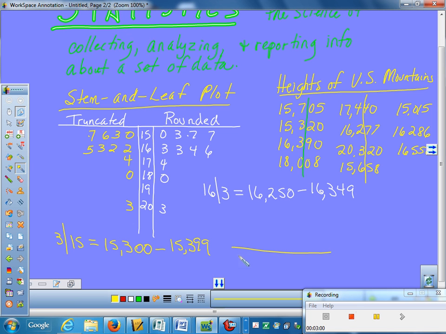I'd have a bar for 15, a bar for 16, and then a shorter bar for 17, 18, and 19. So, anybody remember what that's called when you make a graph like that? A histogram. That's a histogram.